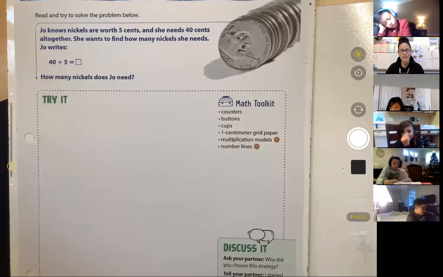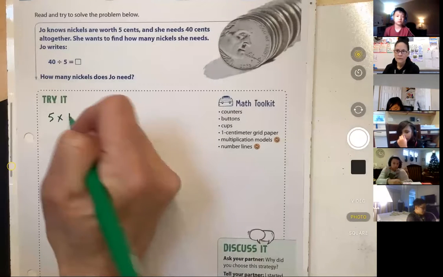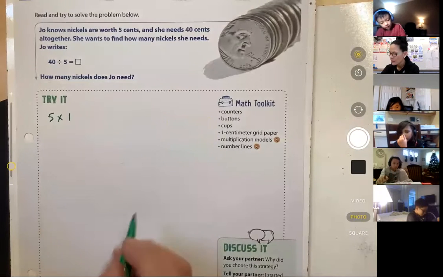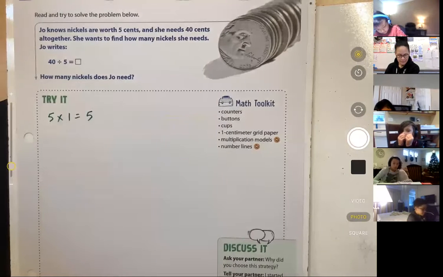Now, if we take our multiplication facts, that's one way we could approach it. So, for example, we could say 1 nickel, or 5 times 1, equals 5. Okay, that's 5 cents.